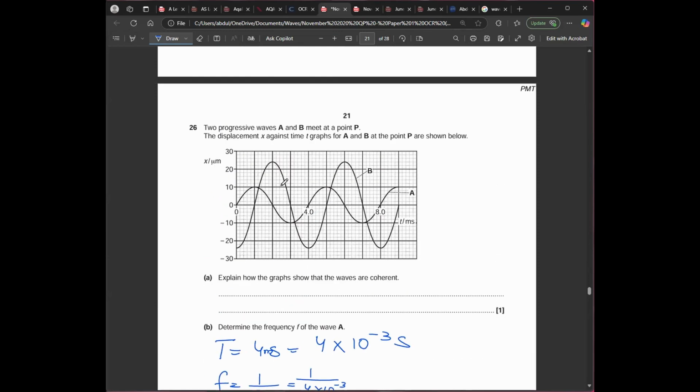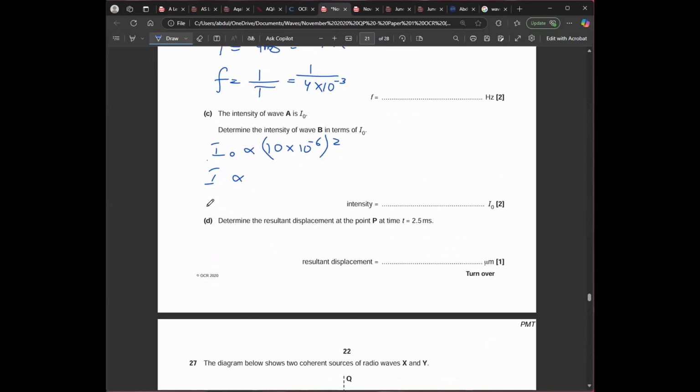amplitude, which is, so one small box represents two in that case. So it's 24 micrometer. So 24 times 10 to the power minus 6, squared. Now, as I told you, to change this into an equation, we don't have the constant, but we know both of them would be equal to the same constant.